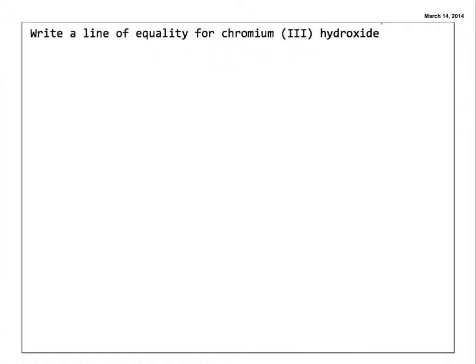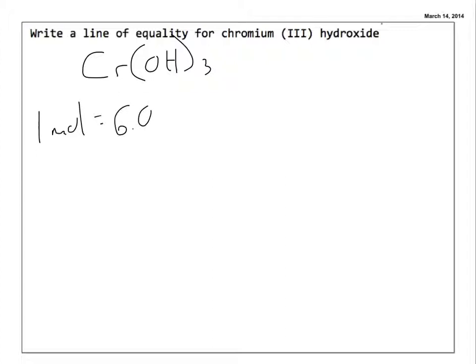So what would a line of equality be for chromium 3 hydroxide? Well, the formula here is Cr(OH)3. So 1 mole is equal to 6.02 times 10 to the 23rd. That's always true.